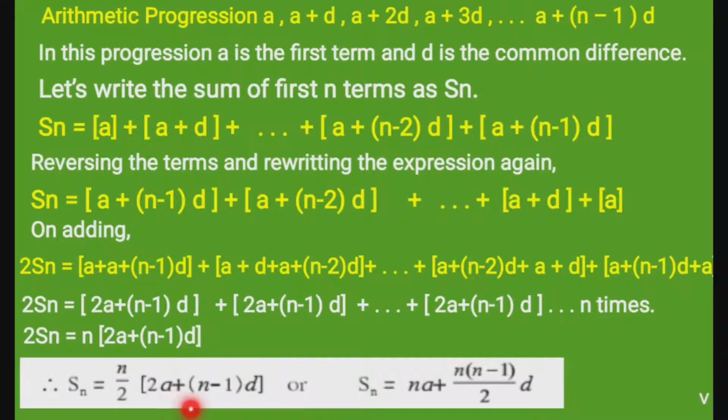or when we multiply by 2 to each term of this bracket, these 2 get cancelled. So we write here n into a as na, and 2 gets cancelled, and for the second term we write n into (n minus 1) upon 2 into d. So you can use any one of the forms for finding the sum of terms of an arithmetic progression.